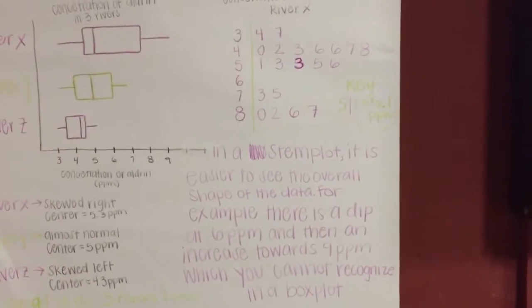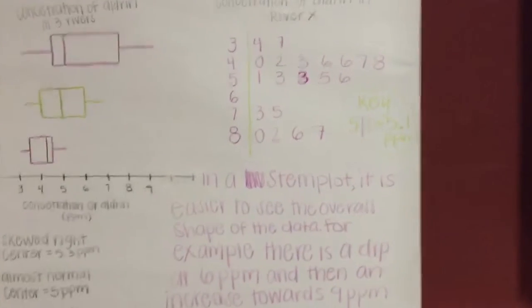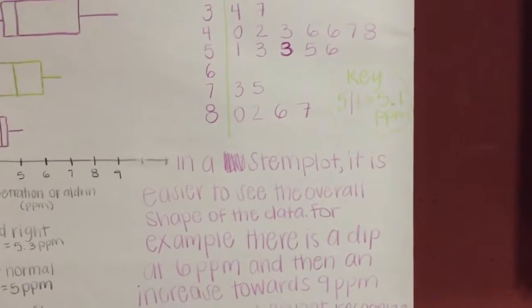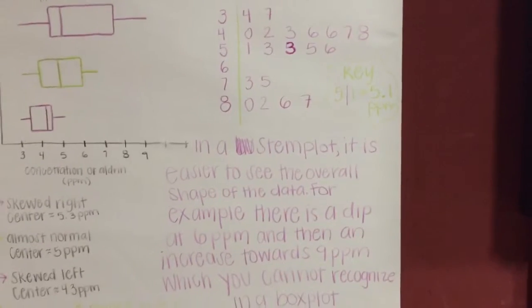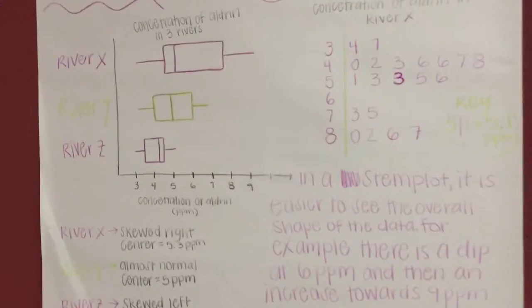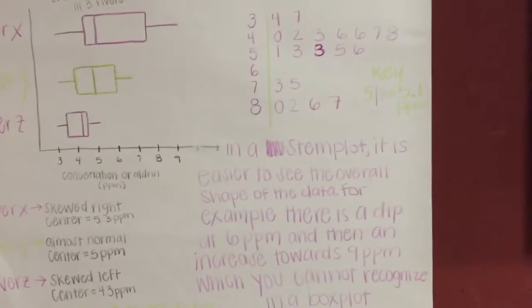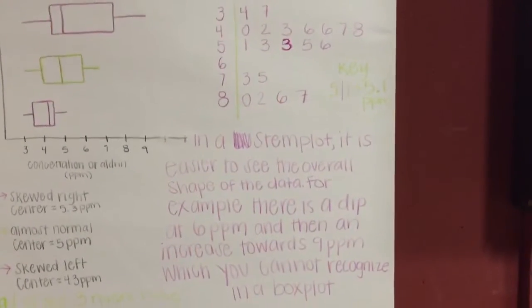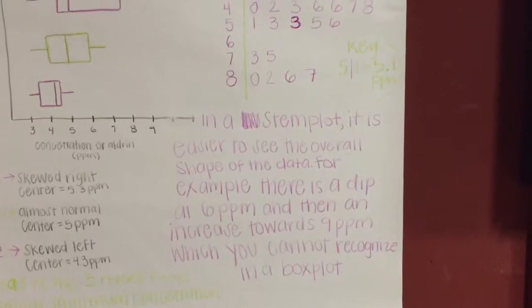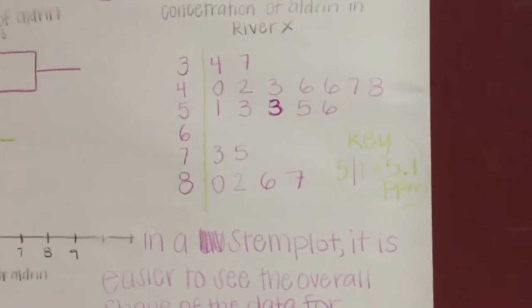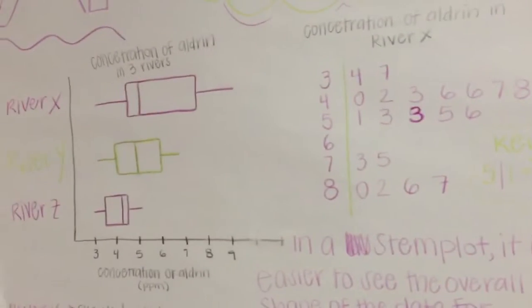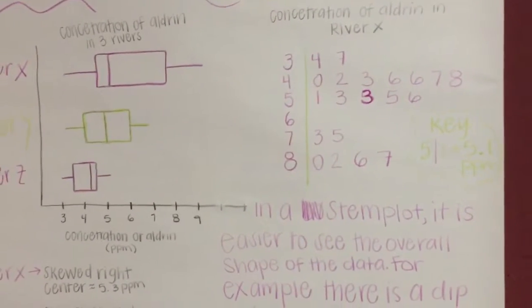For example, there is a dip at about 6, whereas in the box plot you can't necessarily notice that there might be a dip. But then it starts to increase again as it goes towards 9. And like I said, this is all easily recognizable through the stem plot, whereas it's less recognizable through the box plot.